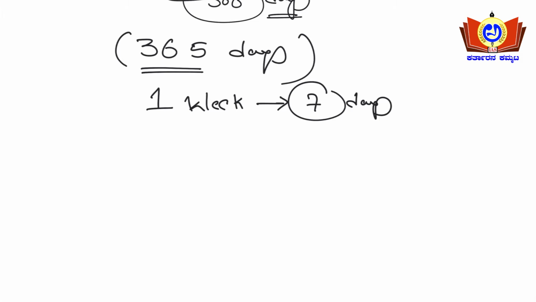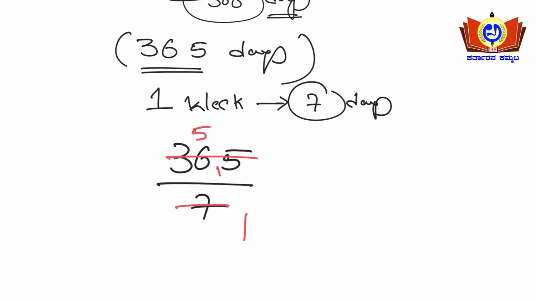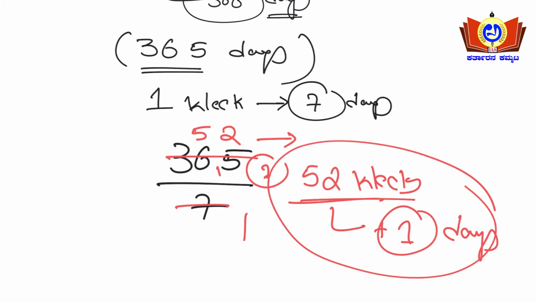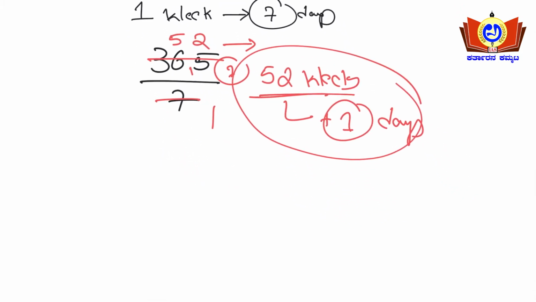What you need to do is 365 divided by 7. 7 5s are 35. 7 2s are 14. So 52 weeks and 1 is remaining. So 52 weeks plus 1 day will be there in an ordinary year.